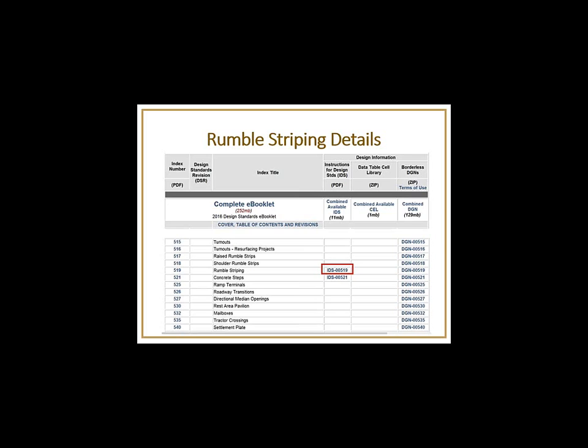So if you get into the rumble striping, this shows the table of contents of the design standards. And if you go down to design standard 519, you'll notice that it has an IDS 519 that goes along with it. That IDS has the drawings that show where rumble striping is supposed to begin and where it's supposed to end. So that's just a change in where the information is.